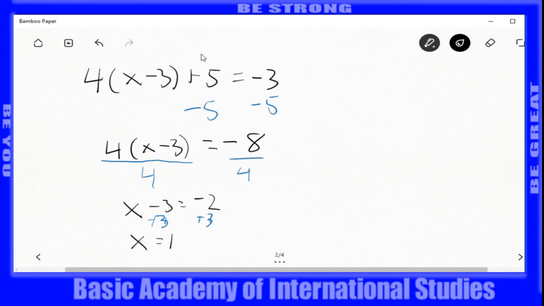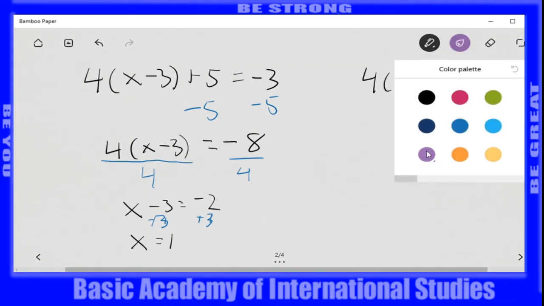Of course, if you don't trust this, you could go ahead and try the problem again. This time, however, following that pattern exactly as you originally were told. That is to say, you could go ahead and do the distribution if you don't believe me.